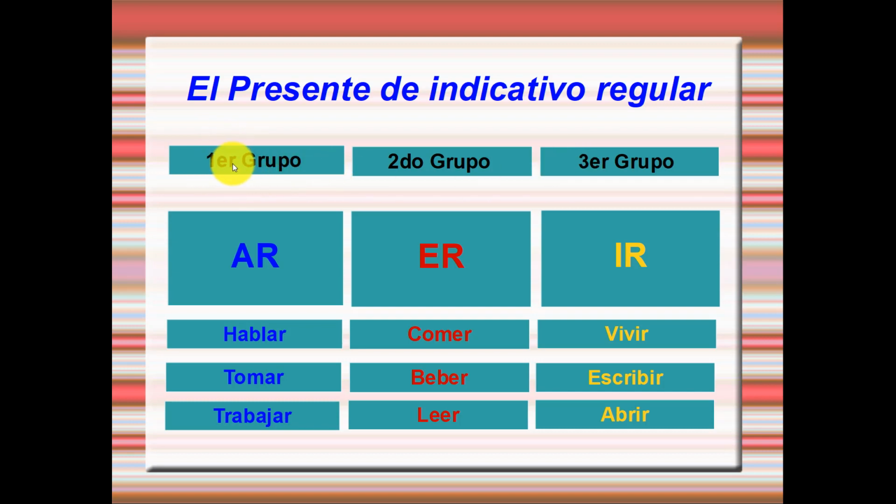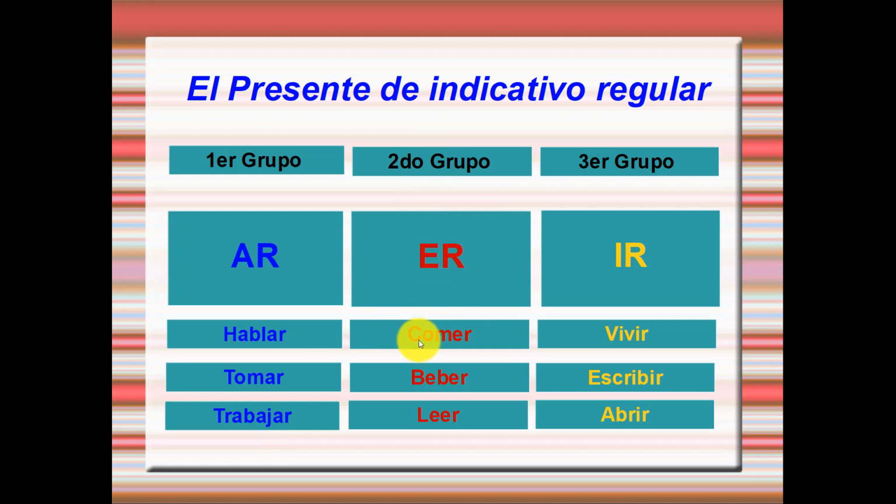So in the first group, we have all the verbs ending in AR. For example, hablar, you see the ending AR, which is to speak. Tomar, AR also, which is to take. Trabajar, which is to work. And then in the second group, we have all the verbs ending in ER.